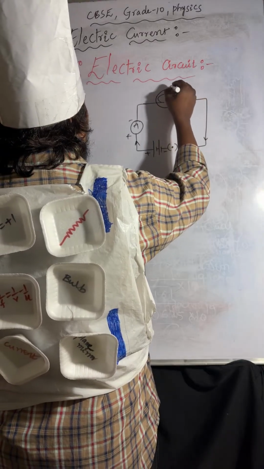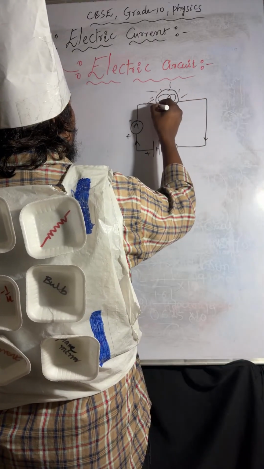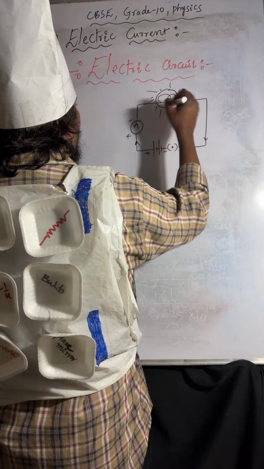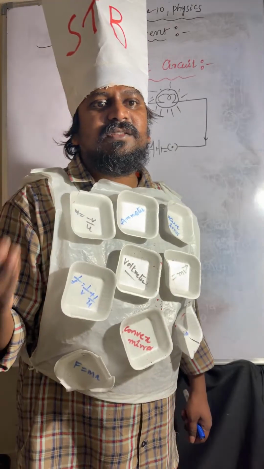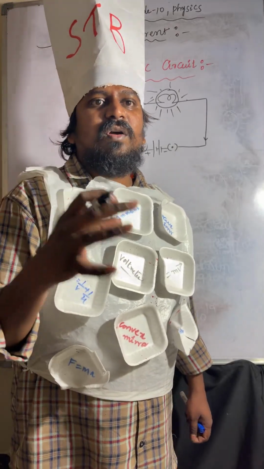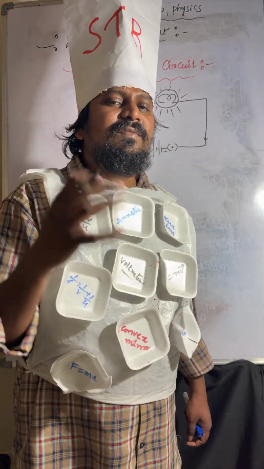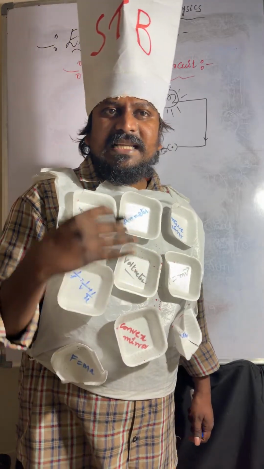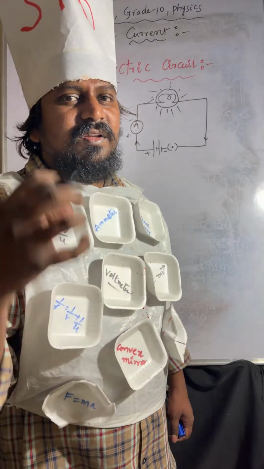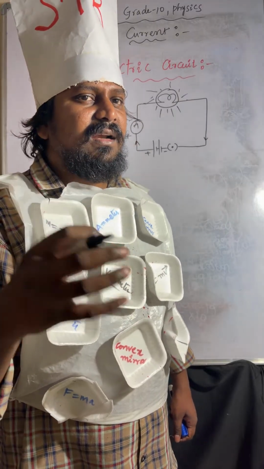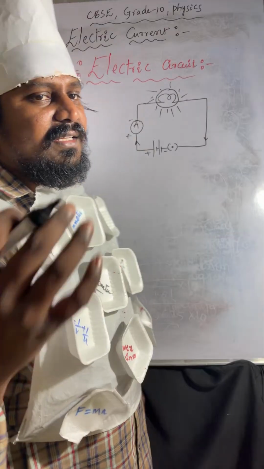So the bulb is glowing. Current is passing through the circuit. A closed and continuous path of an electric current is known as an electric circuit.